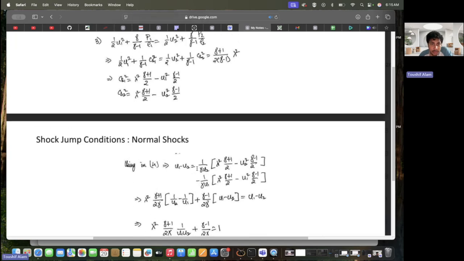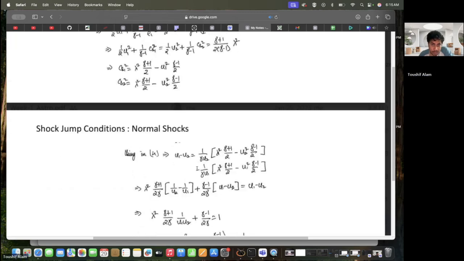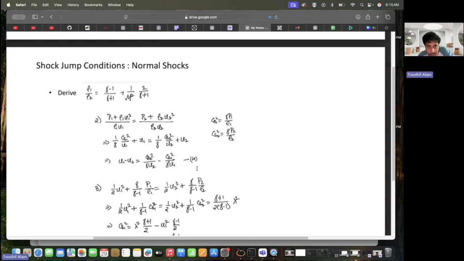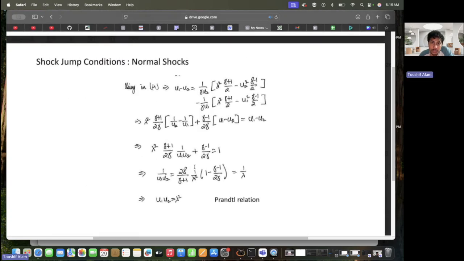Similarly, this. So, okay, then this becomes U1 minus U2 lambda square gamma plus 1 by 2 gamma 1 by U1 U2 plus gamma minus 1 by 2 gamma is equal to 1.